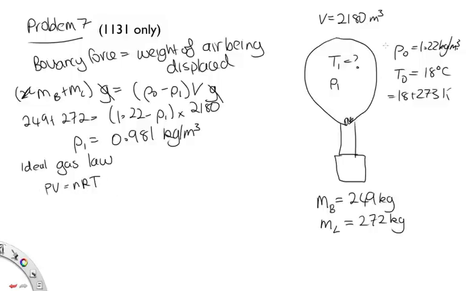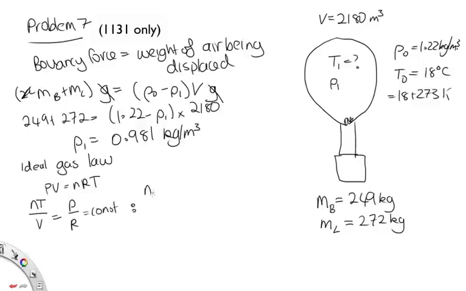The pressure is imposed by the surrounding atmosphere, so the pressure inside and outside the balloon is constant, and volume is fixed by the volume of the balloon. So we can write this as nT over V is equal to P on R. These were both constant, so this is constant.